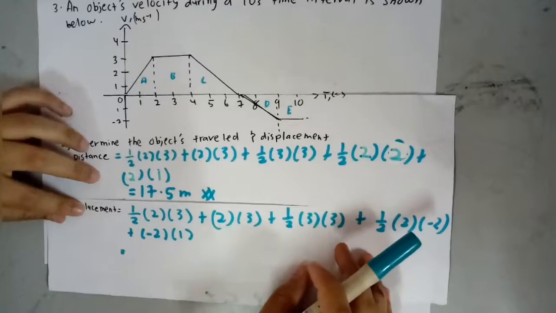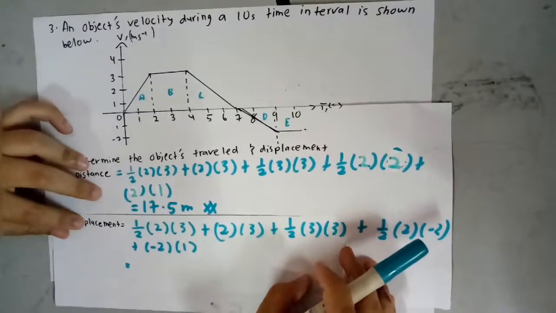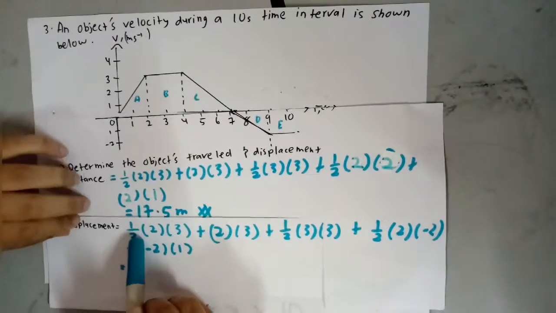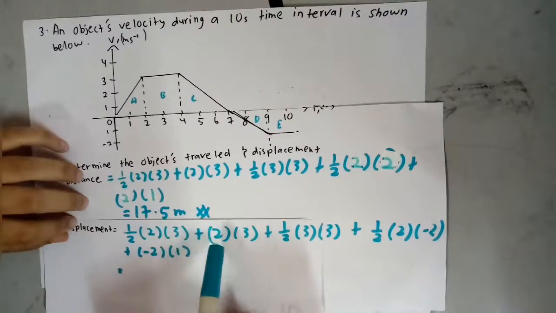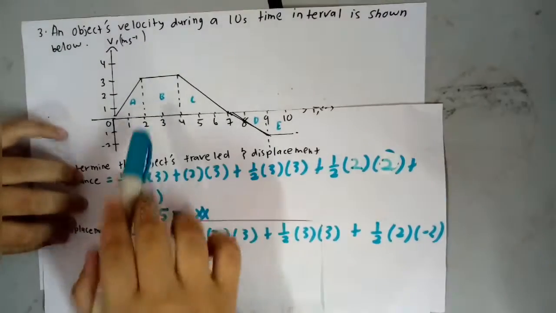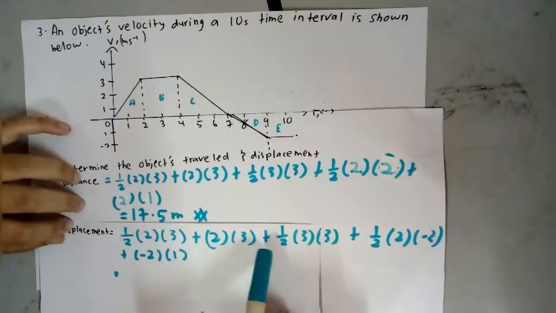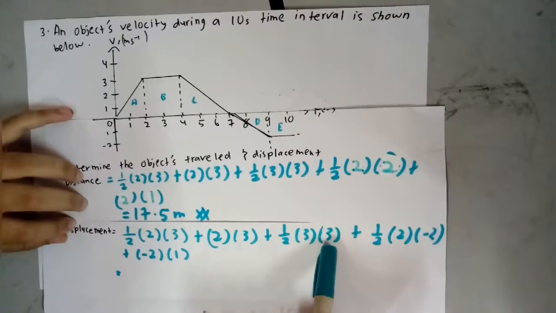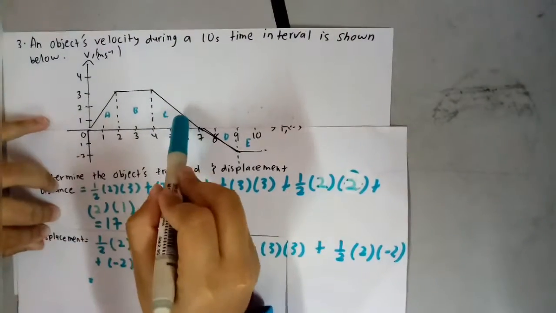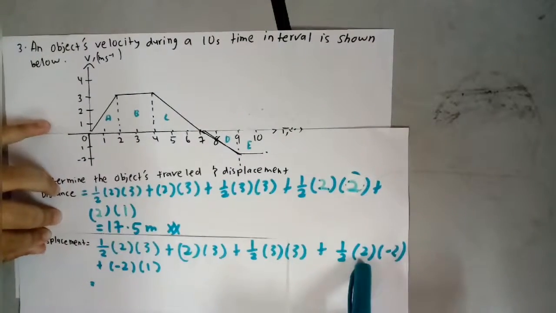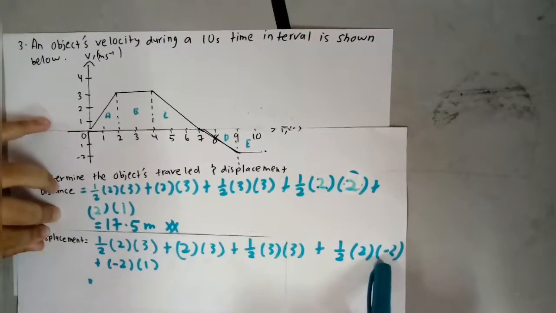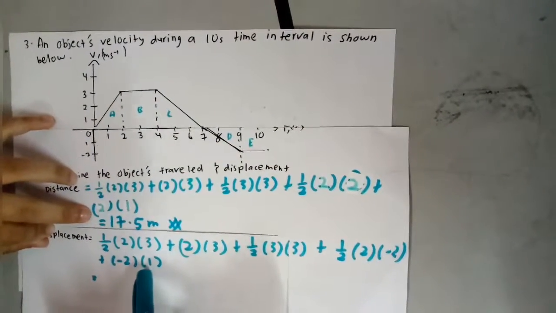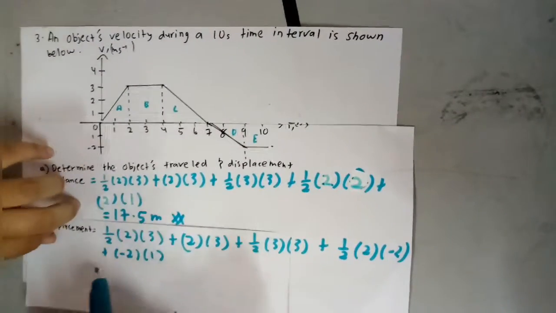To find the displacement, we need to find the area under the graph. So the displacement for A is 1 over 2 times 2 times 3, plus the displacement of B, 2 times 3, plus the displacement of C, 1 over 2 times 3 times 3, plus the displacement of D, 1 over 2 times 2 times minus 2, plus the displacement of E, negative 2 times 1.